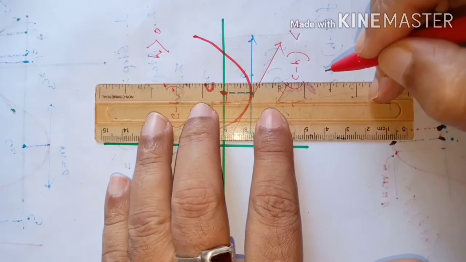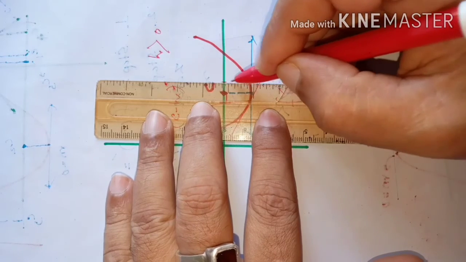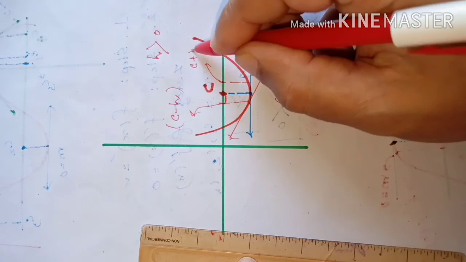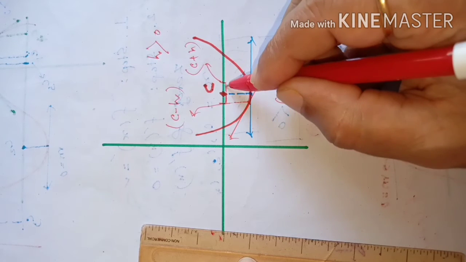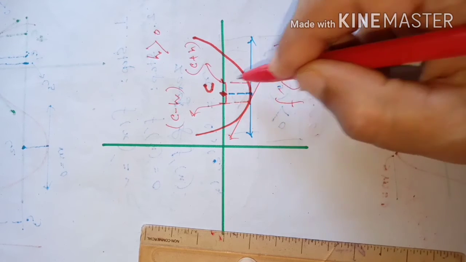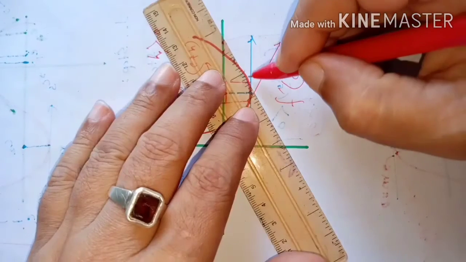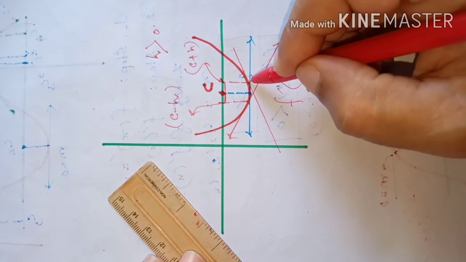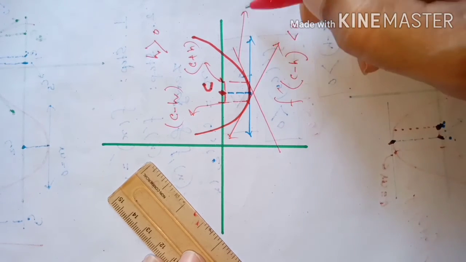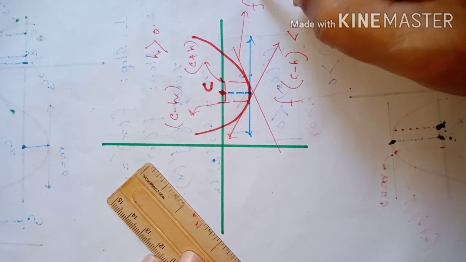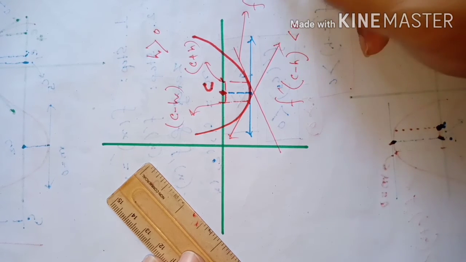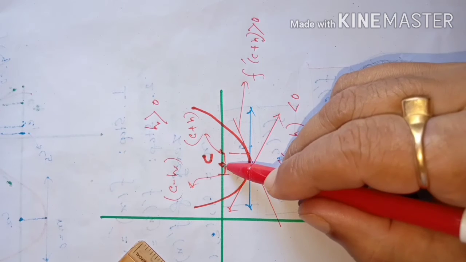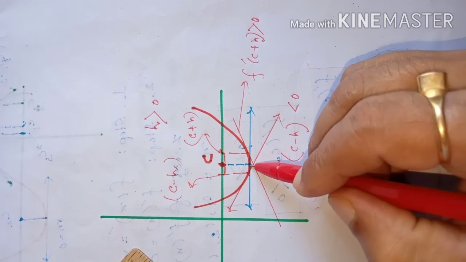And at C plus H, this point is C plus H, because this is a small quantity H I have added here. So at this point, C plus H, the slope of the function, this is the tangent to this graph at this point, and the slope of this is F dash C plus H, and that is greater than 0. If it happens, then we can say the point C is a point of local minima.